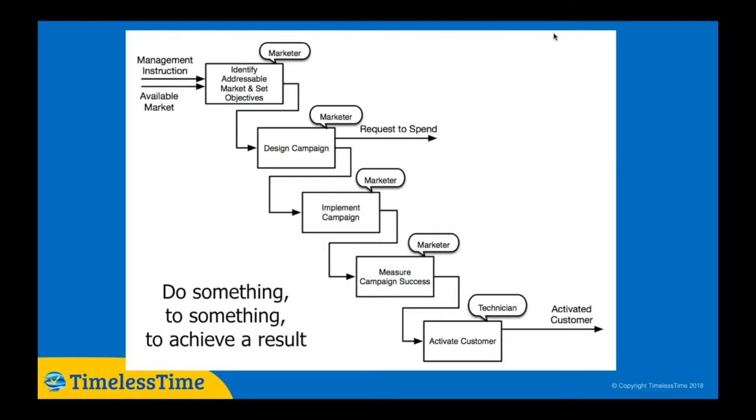Well, I want to identify addressable market, design a campaign, implement the campaign, measure the campaign success, and activate the customer. Do something? Well, in response to the management instruction and given the available market, do all of that in order to achieve an activated customer.